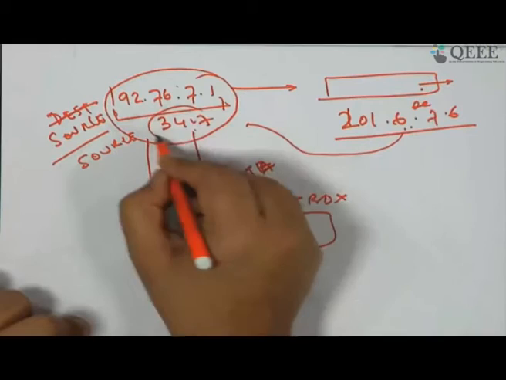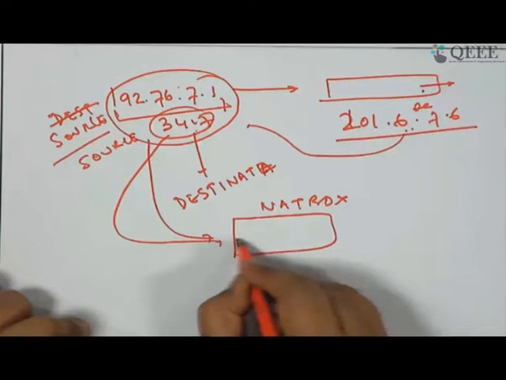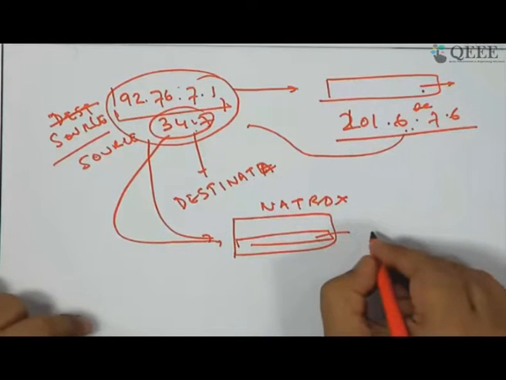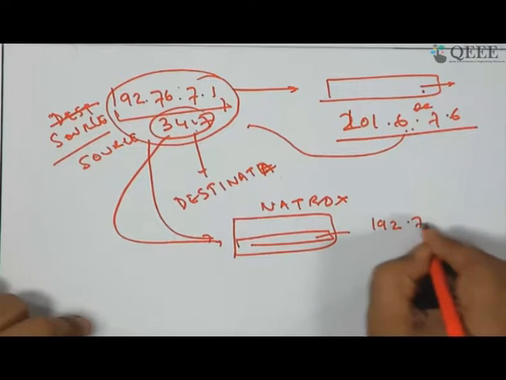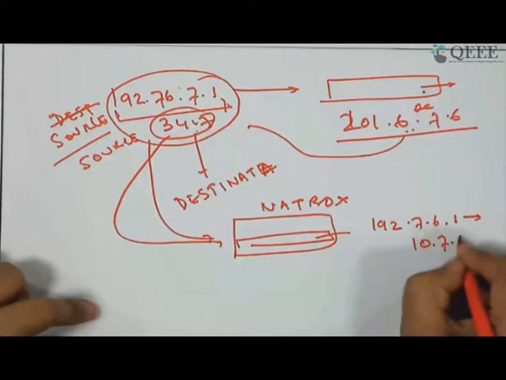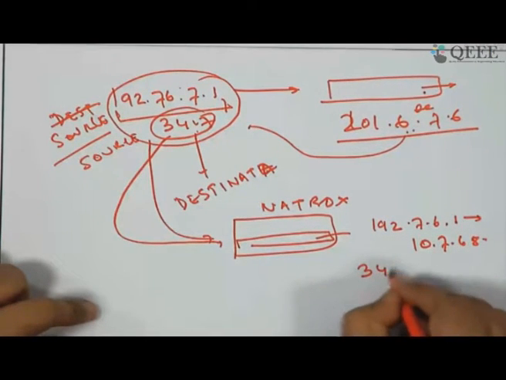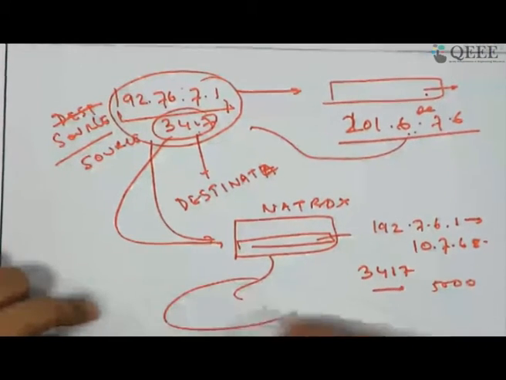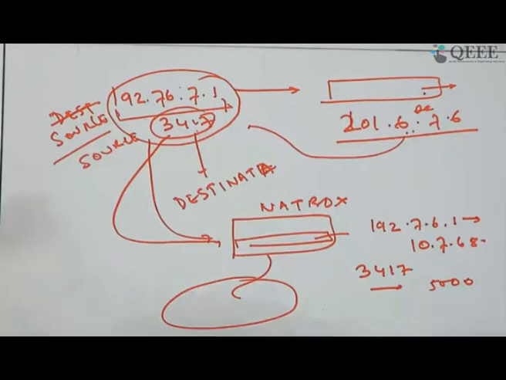So in the NAT box, as soon as it sees 3417, it goes to the 3417 entry and says, oh, this should be replaced. So 192.76.7.1 is replaced with 10.7.6.8 and 3417 is replaced with 5000, and then it goes inside the network. So what is happening? You have multiple machines, they are all using the same IP. The only thing they are doing differently is having a different port number.